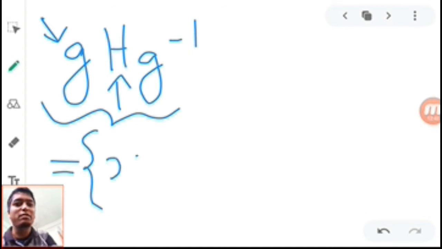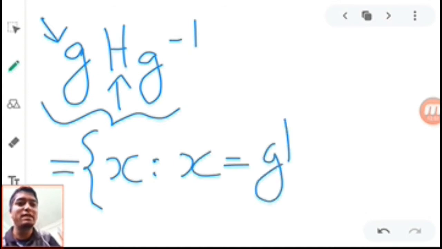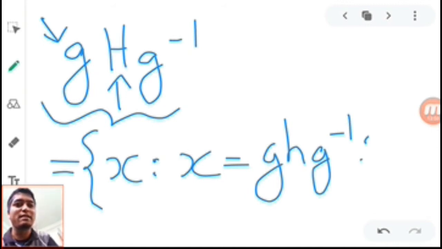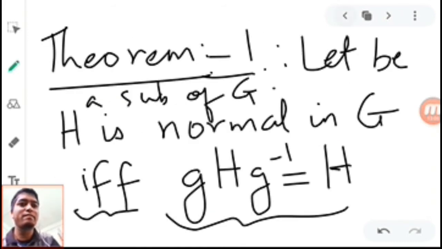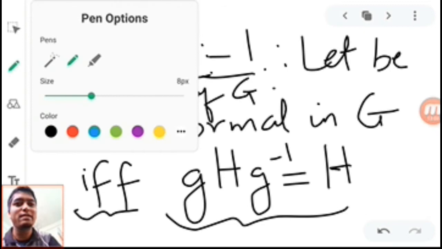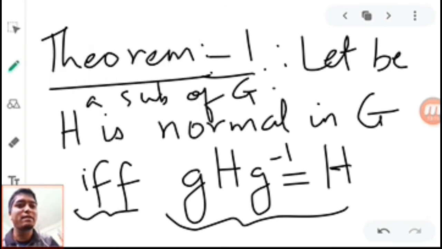It consists of all elements x which are of this type, x equals g h g inverse such that h belongs to H. Again, I forgot something in the theorem, which is for all g belongs to G.